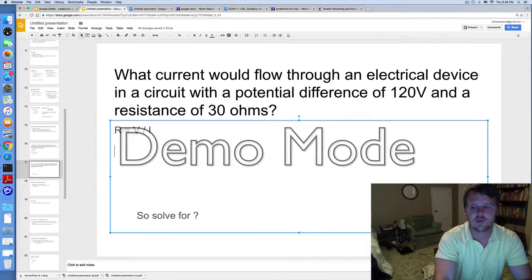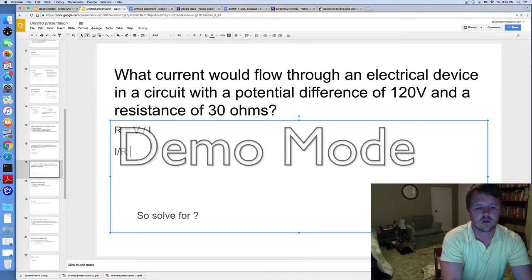What some people have been doing is they'll multiply both sides of the equation by the same thing. So if you multiply the left side of the equation by I over R, and do the same thing on the right side of the equation. On the left side, I divided by R would leave just I, because the R would cancel.